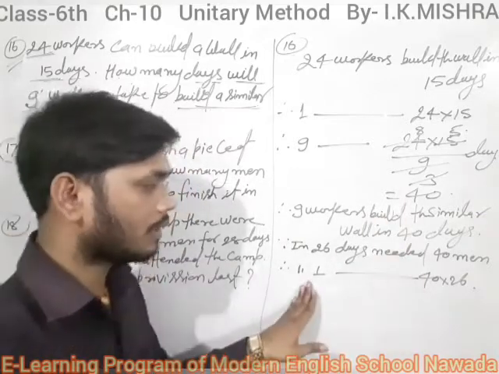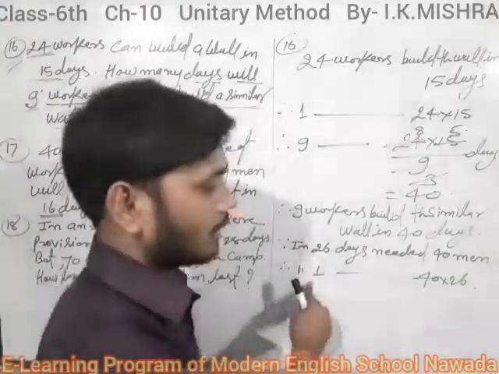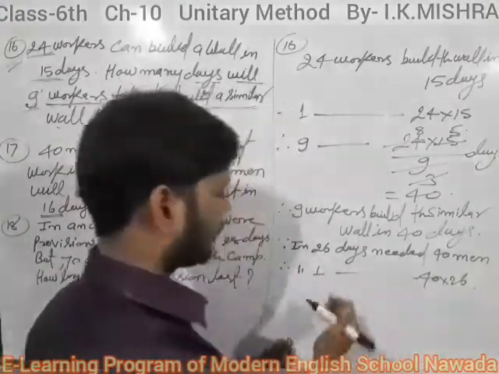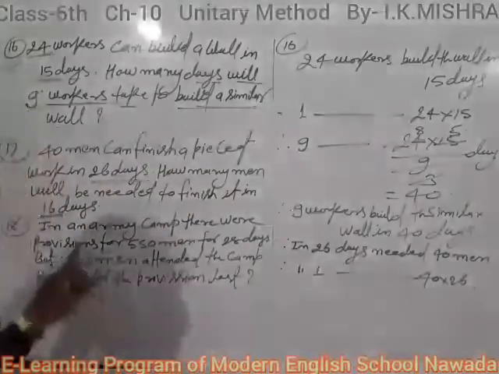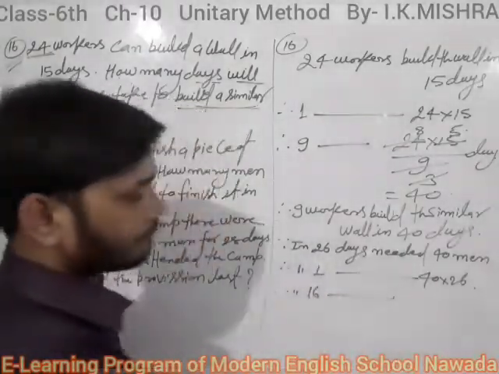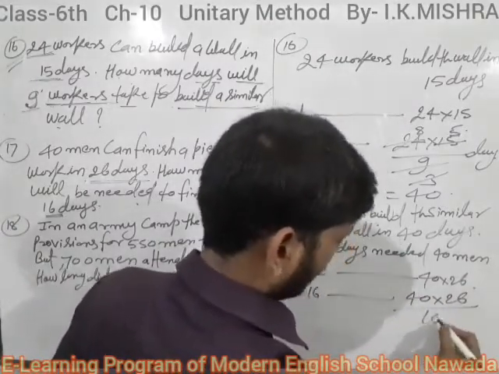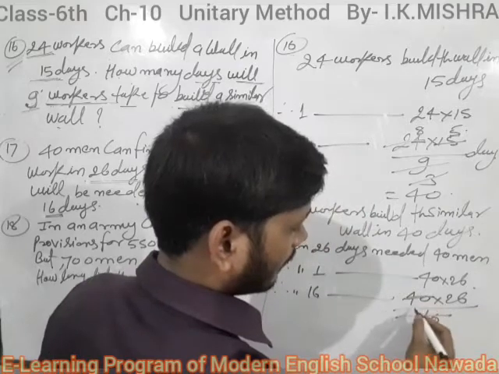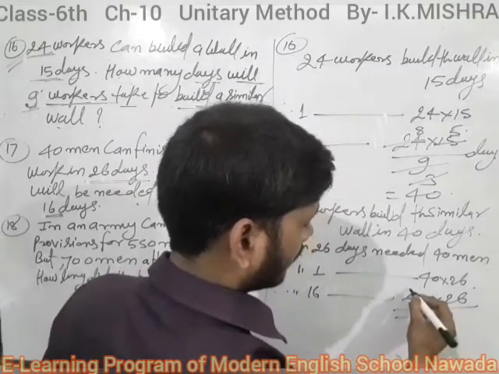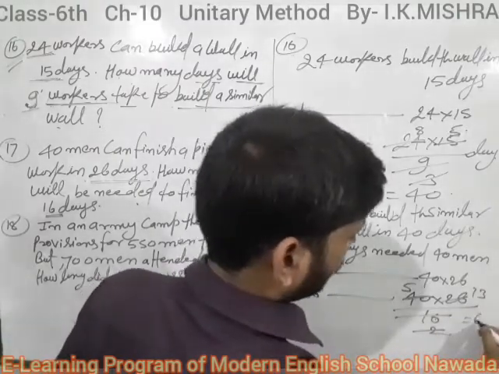That means for completing the work in 1 day, you have to multiply these. And now the question is asked for 16 days. So in 16 days, 40 into 26 divided by 16. Here divided by 8, 2 times and 5 times, and here 13 times, that means 65.